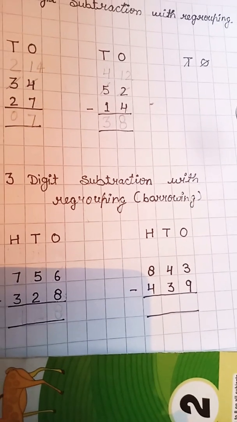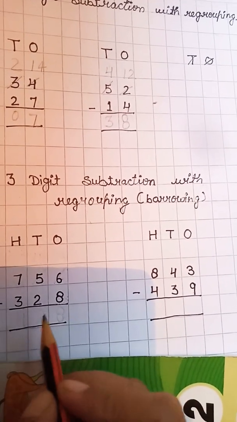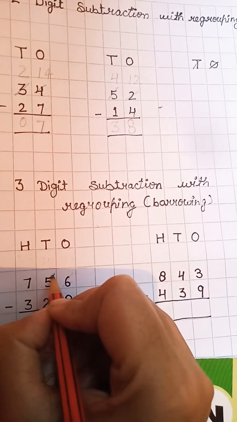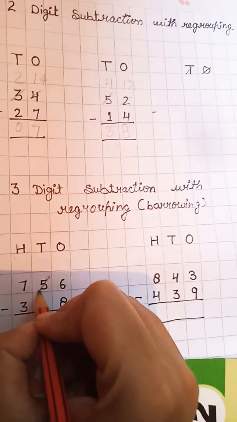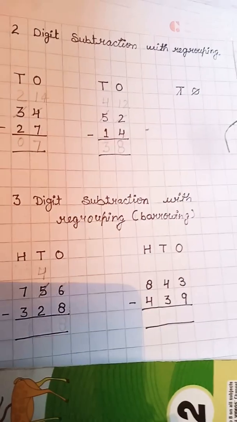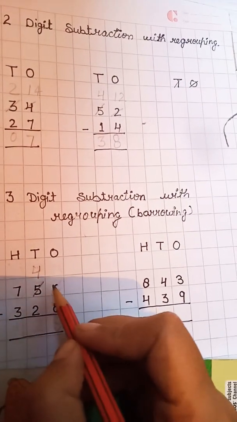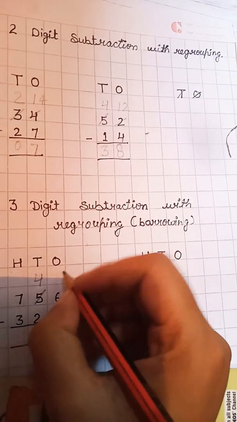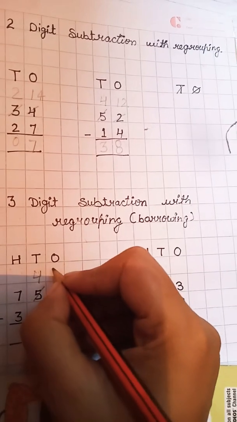So, we'll borrow 1 ten from the tens column. 5 tens minus 1 ten is equal to 4, and 6 ones plus 1 ten is equal to 16.